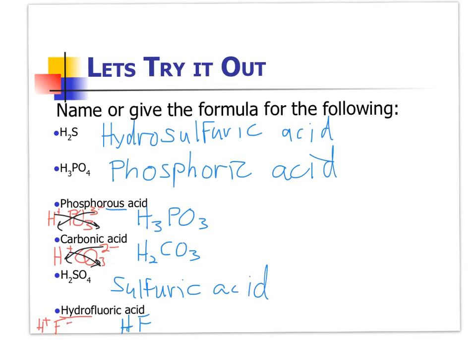Charges cancel out, giving us just HF as the formula. It was made famous by art students etching their glass, or the TV show Breaking Bad, which does not do the damage that it said it did. Weird how Hollywood got it wrong.